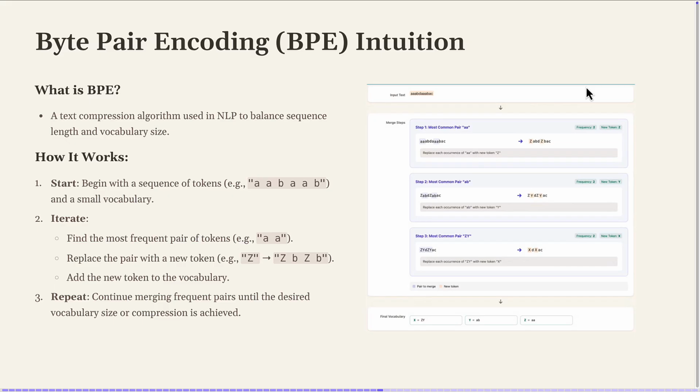You can specify the size of your token vocabulary, and based on this, you're going to do merges over several iterations until you reach this number. And at the end, you're going to have the final vocabulary: X equals ZY, Y equals AB, and Z equals AA.